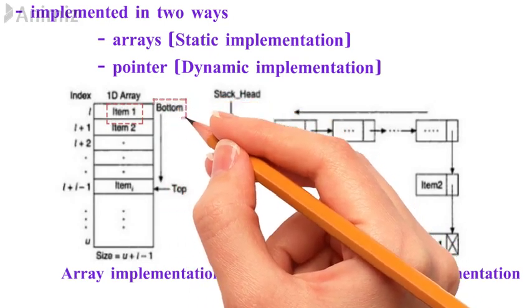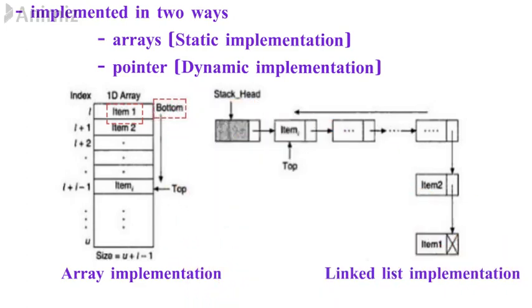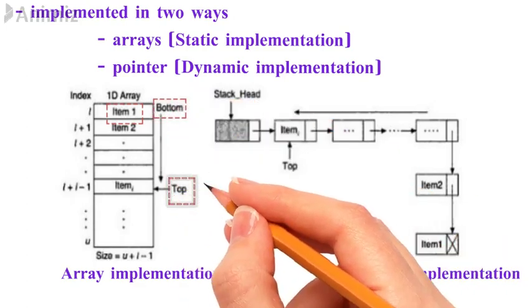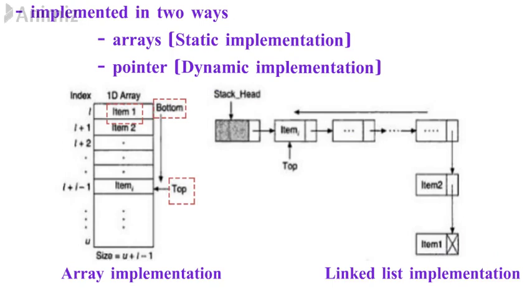Item 1 is the bottommost and you move on to the topmost. You have your lower bound, you have your upper bound, and your size is equal to upper bound plus lower bound minus 1. So when you store the elements in this structure, it is said to be array representation.